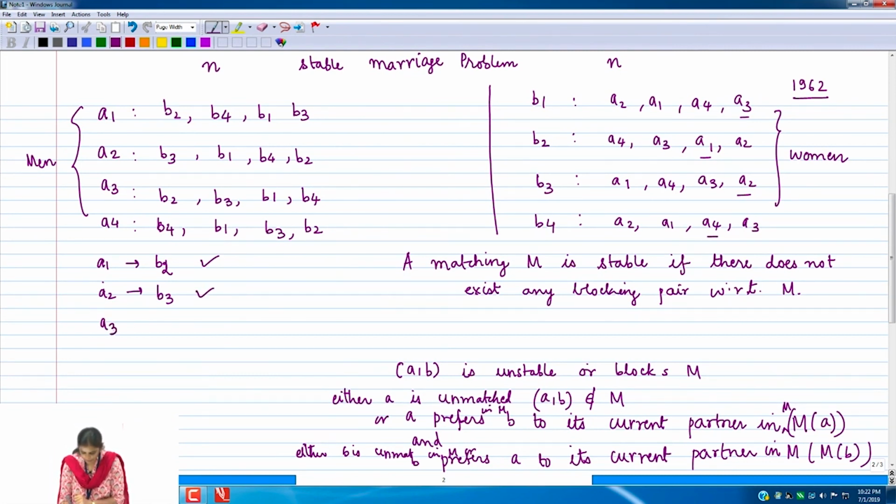When A3 proposes to B2, now instead of saying B2 is matched, B2 evaluates this proposal. B2 looks at the preference list and sees that currently she is tentatively assigned to A1, whereas she is getting a proposal from A3, which is a better preferred person.